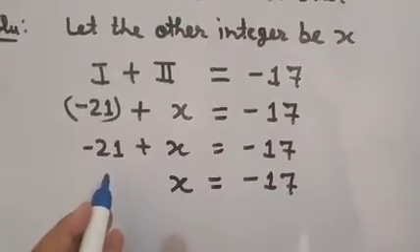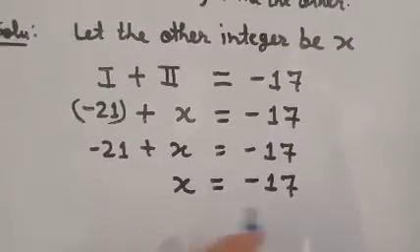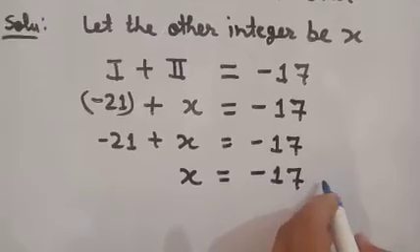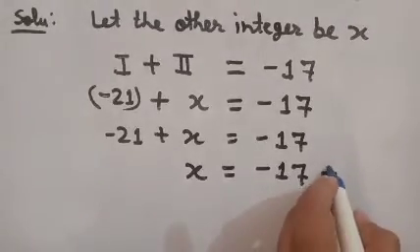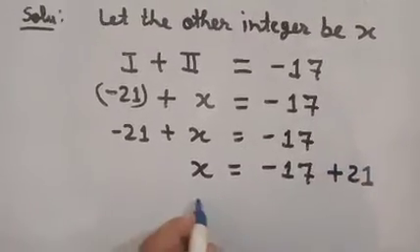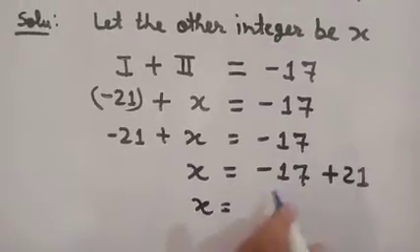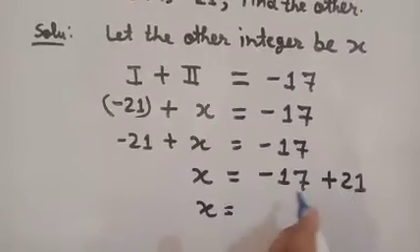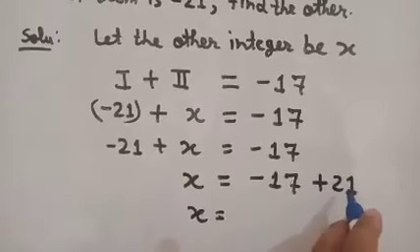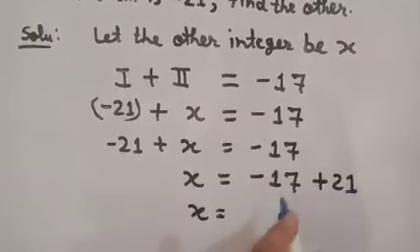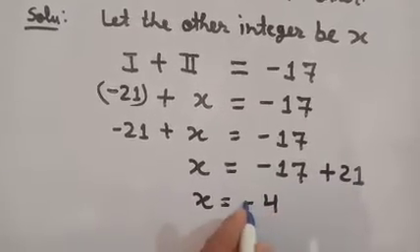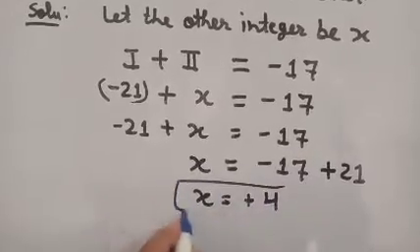Transposition of minus 21 from left hand side to right hand side, with this change its sign. This is positive 21. Now look here, there will be opposite integers, so subtraction will proceed, and 21 minus 17, that is 4, and the sign of the greater number.